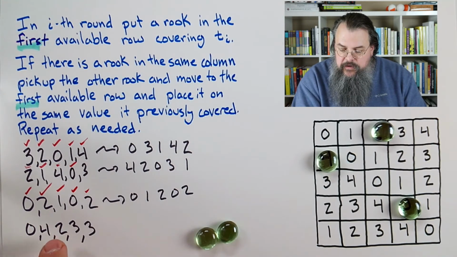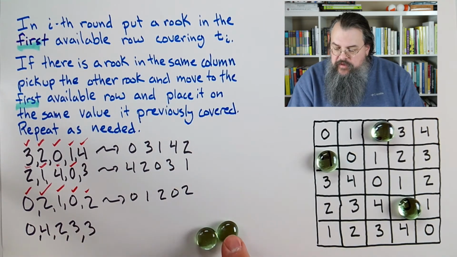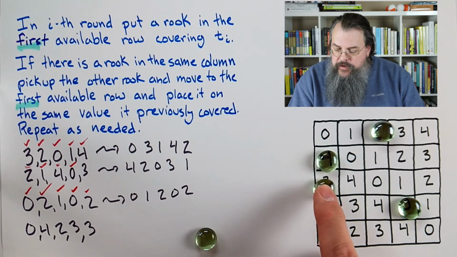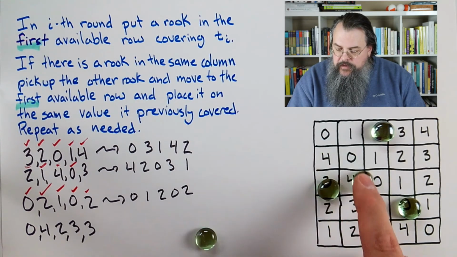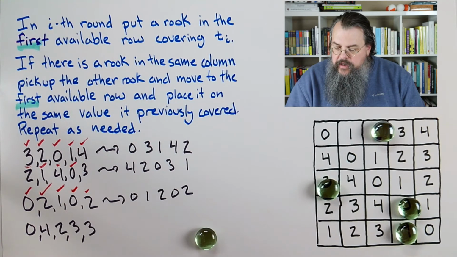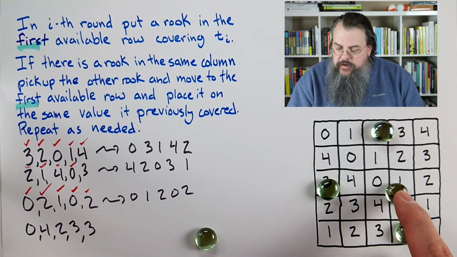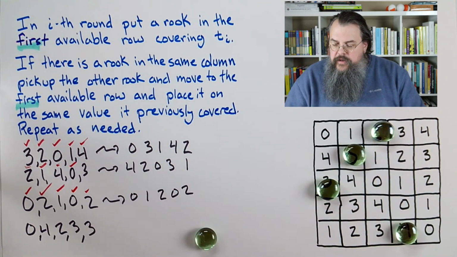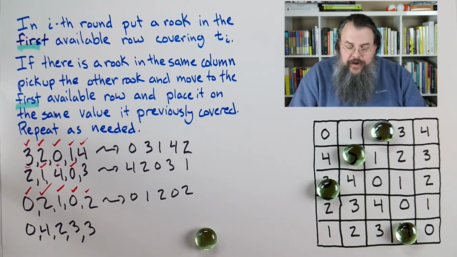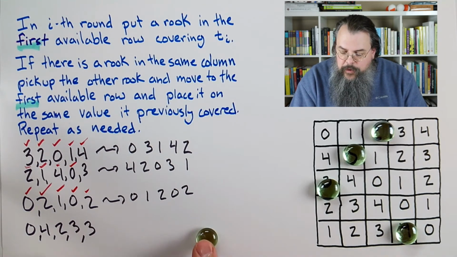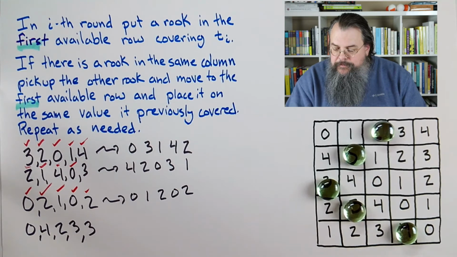We're doing pretty well so far. So we've gone the 0, 4, the 2. Next up is the 3. So first available row. Okay, resolving our conflicts. All right. Put that over there. And we're good to go. And now, our last one is a 3.